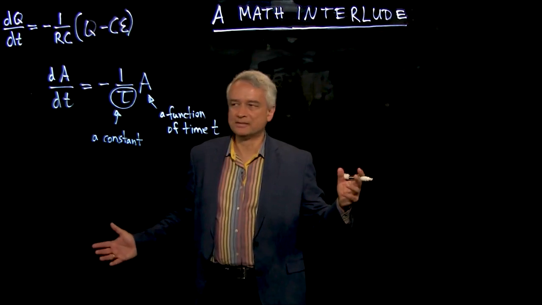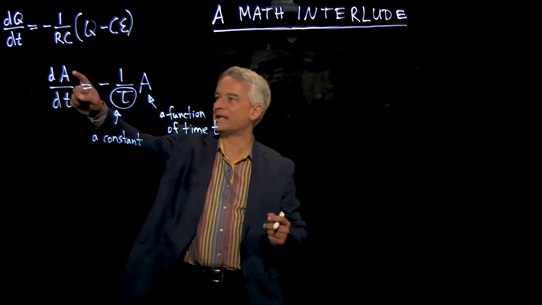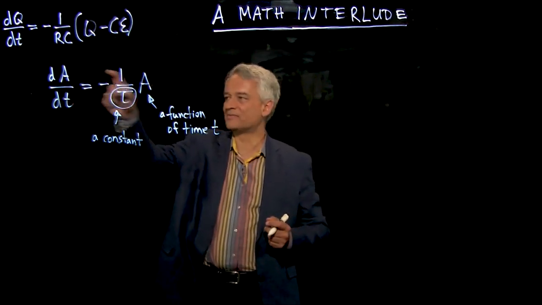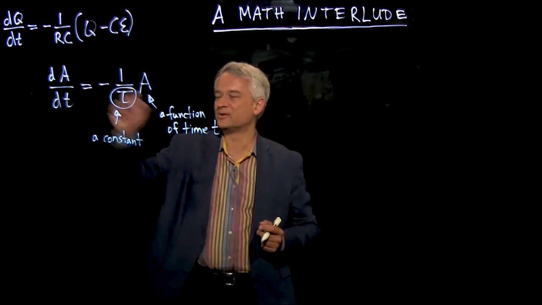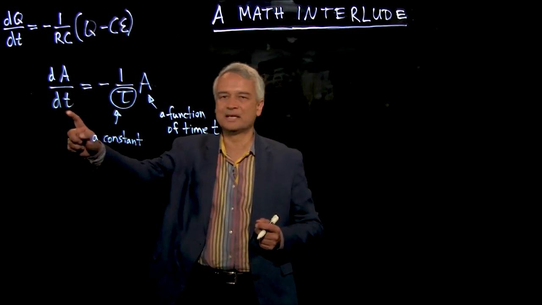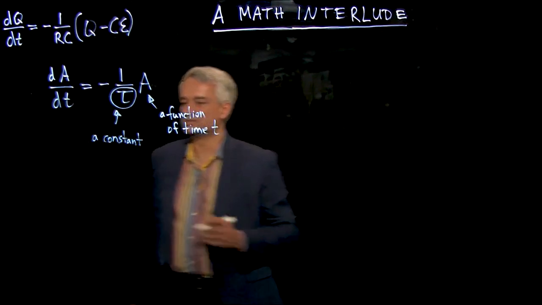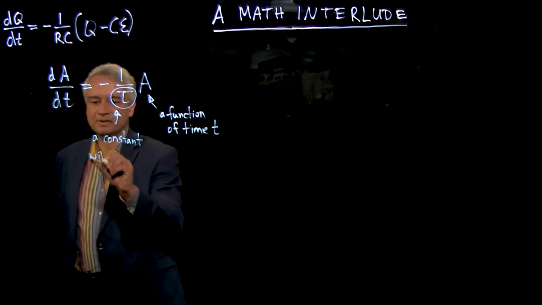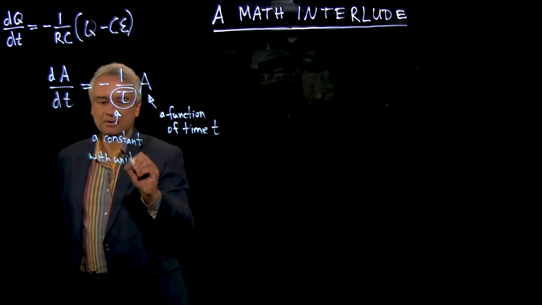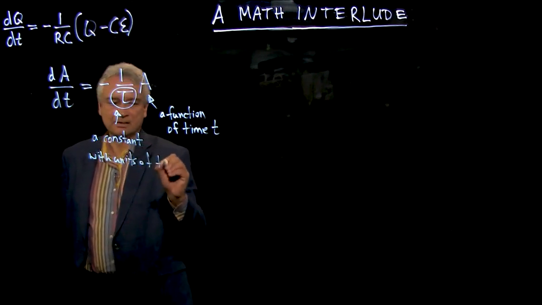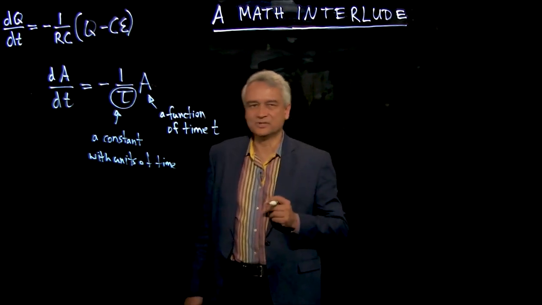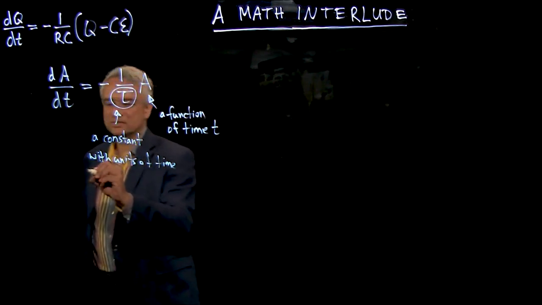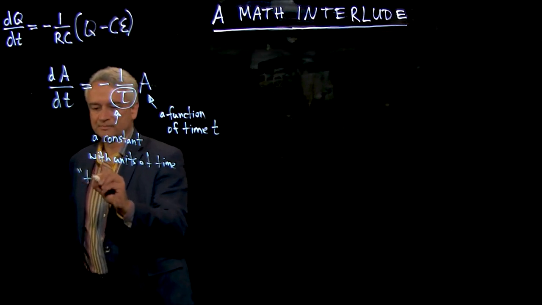A is just something in math. But look, I have an A on this side and an A on that side. So whatever its units are, they cancel between the left side and the right side. So whatever tau is, it has the same units as t. It's a constant with the units of time. And in a rather unimaginative choice of name, this constant is called the time constant.